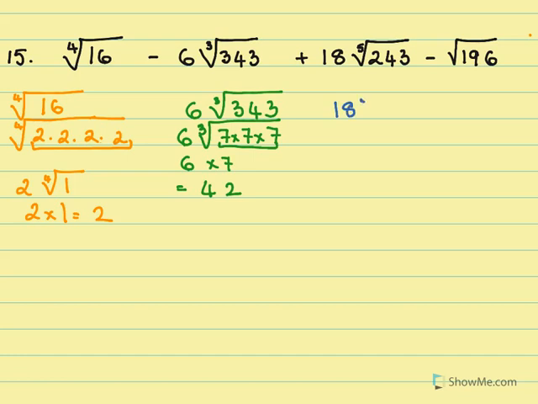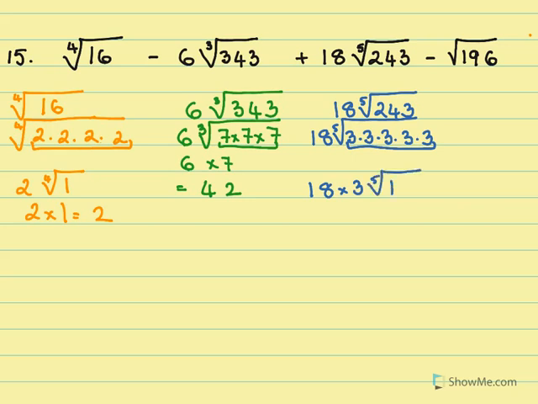The next one is 18 fifth root of 243. So I'll write 18 fifth root of 243. I will break up. It will be 3, 3, 3, 3, 3, 5 times. So it will be 18. And here I have 5 3s. So that will be 3. Nothing remains inside, so fifth root of 1, which is 1.